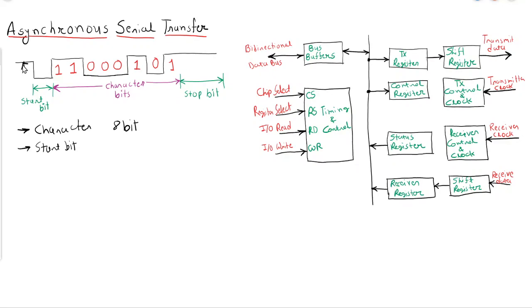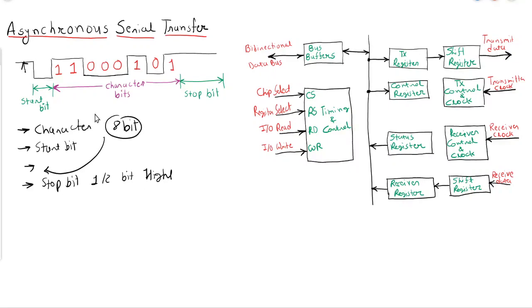For 1 bit, if the channel is set to 0, that indicates the start bit. After the start bit, there will be 8 bits of characters, or 8 bits of data. And after the 8 bits of data, there will be a stop bit. So what is the stop bit? At least 1 or 2 bits will be kept high.